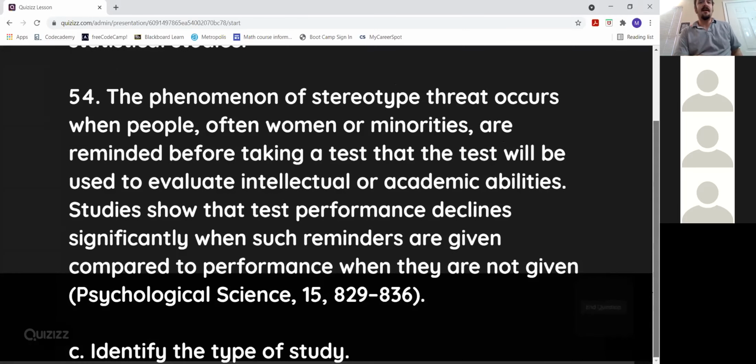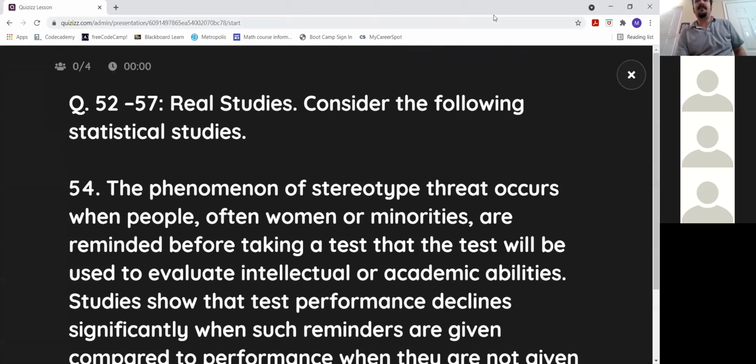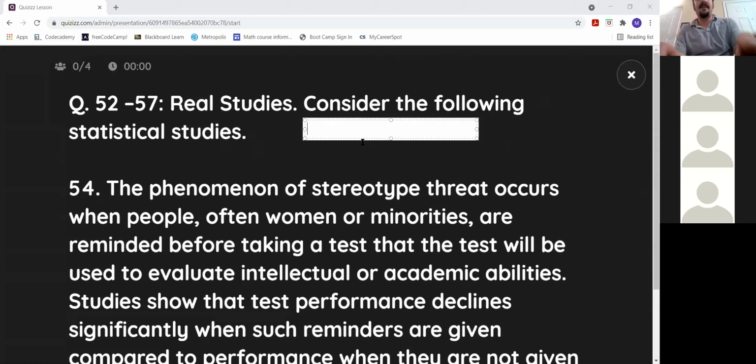So what are we doing? Identify the type of study. I kind of said it already, but is this an experiment or an observational study? So I think we're going to tell them proactively, right? We're going to go in there, we're going to tell them we're going to either prime or not, right? So we have a variable and we have a control.